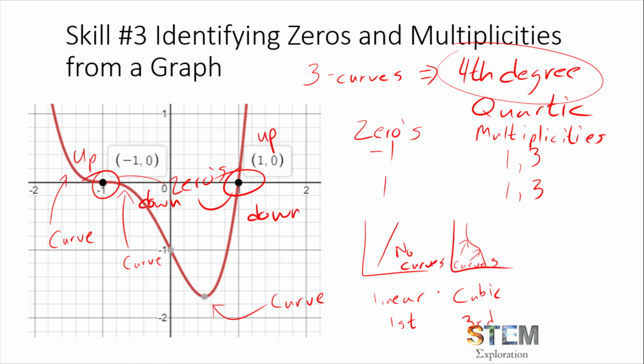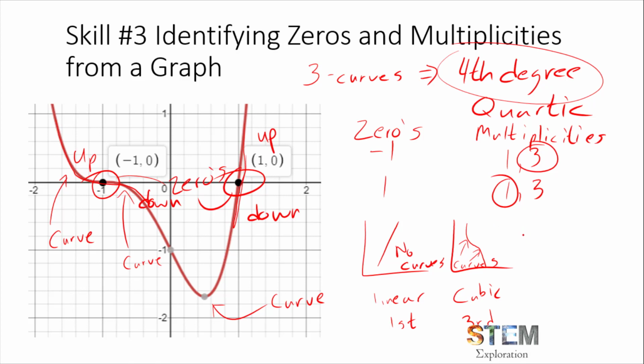So what I'm going to notice here is that there is a cubic-looking behavior through this root. The root will always be in the middle of that behavior. So that tells me the -1 is the root with a multiplicity of 3. And the 1 here is a relatively straight line, there's not really any curve here, so it is the root with a multiplicity of 1.